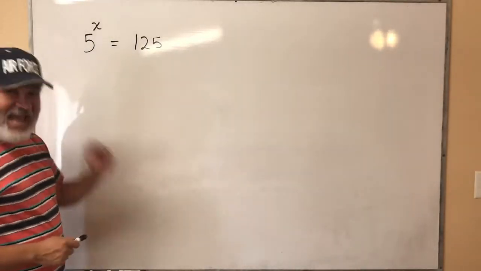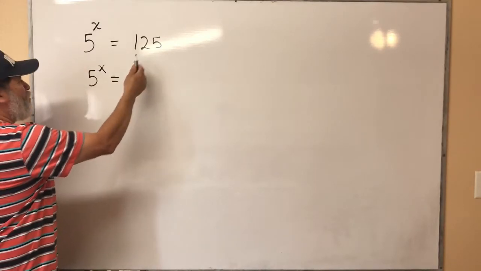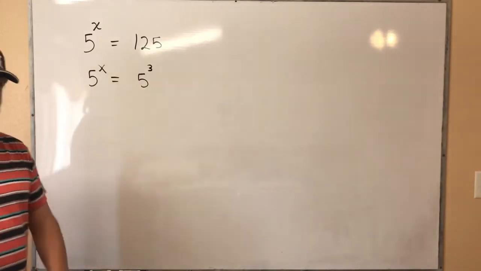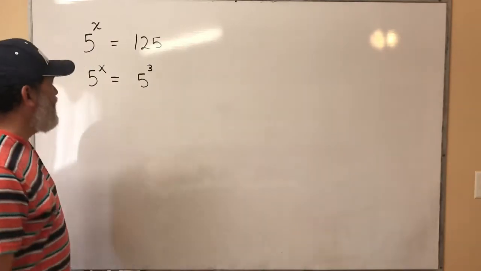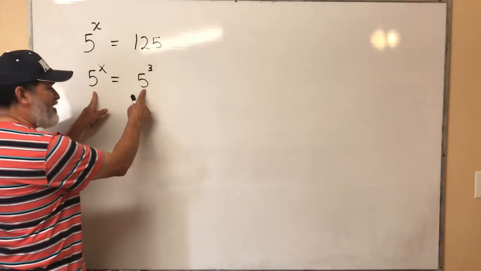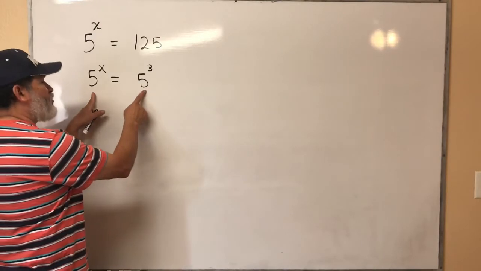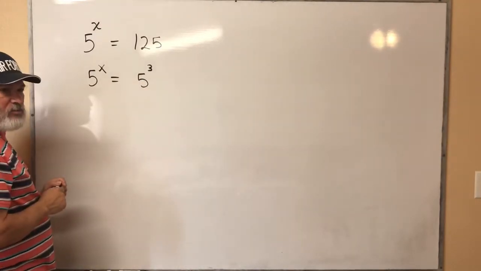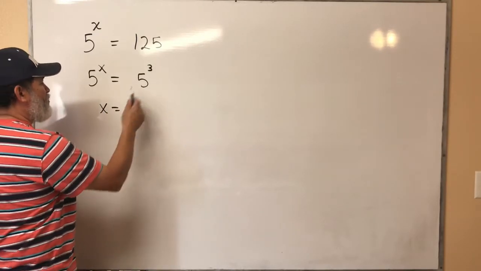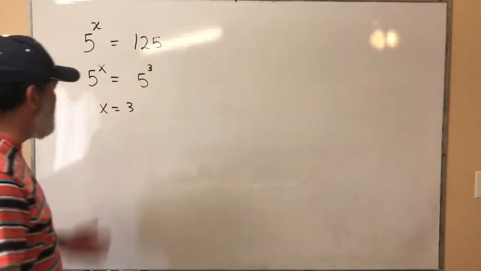In this case, we can. So look, this is 5 to the x equals 5 to the third. Whenever you have an equation where the left-hand side and the right-hand side both have the same base, this can only be true if the powers are equal. Because we have the same base, this power x must equal the power 3. Okay, and there we go.